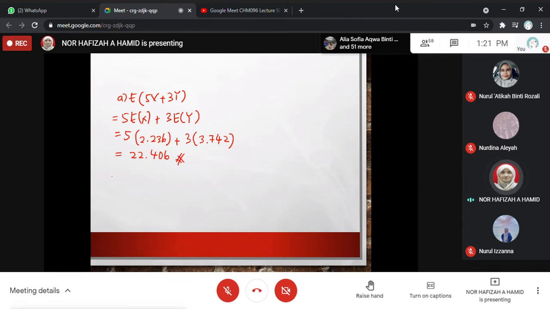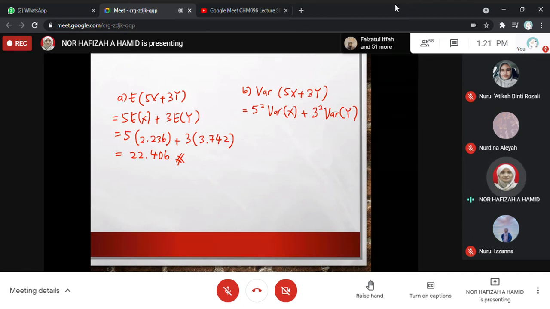Next for B, we need to calculate the variance of 5x plus 3y. You can also apply the rules for variance. It equals 5 squared times the variance of x plus 3 squared times the variance of y. For the variance rules, the coefficients of both variables, 5 and 3, need to be squared.